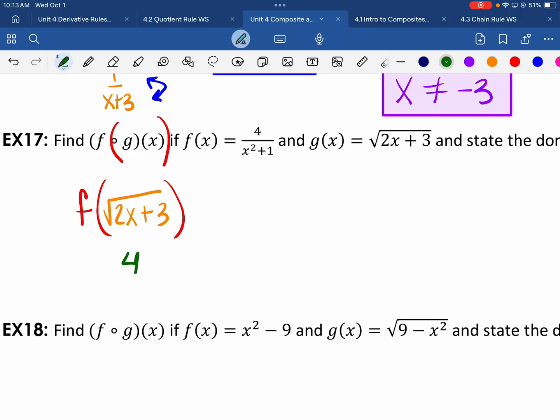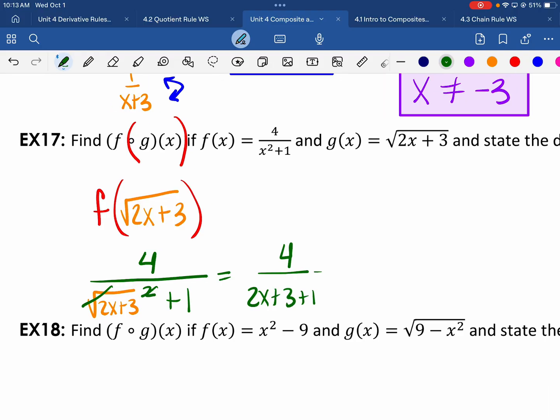So the 4 over square root of 2x plus 3 squared plus 1. So what happens with the square root and the square? It cancels. So I get 4 over 2x plus 3 plus 1, which is 4.